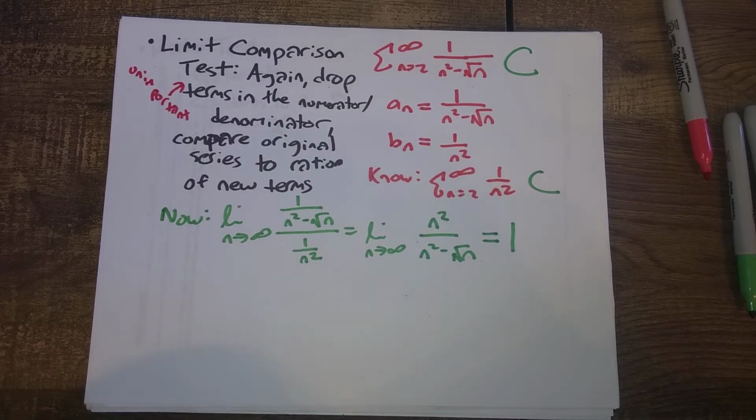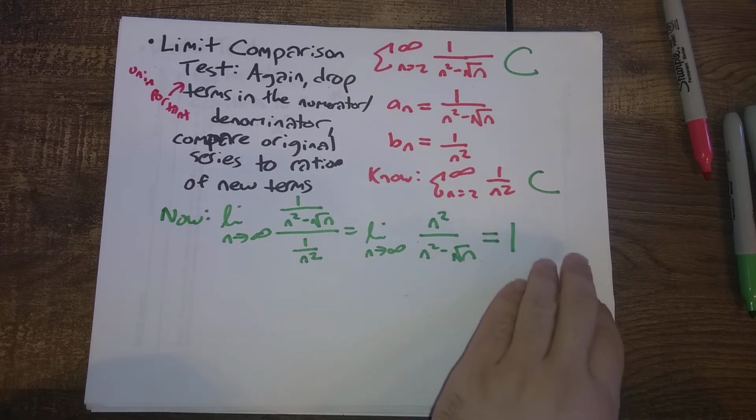So what's the moral story between the direct comparison test and the limit comparison test? They both operate under the same principle of dropping the less important terms. But the limit comparison test will apply in more cases, but it's a little bit more work to apply. So you should ask yourself if you can just do a direct comparison test to save yourself some work. If not, think about the limit comparison test.